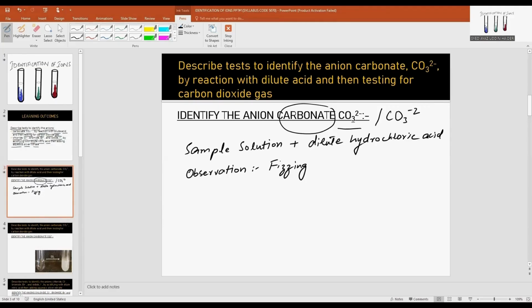This is carbon dioxide gas, CO2 gas. Pass the gas through lime water.